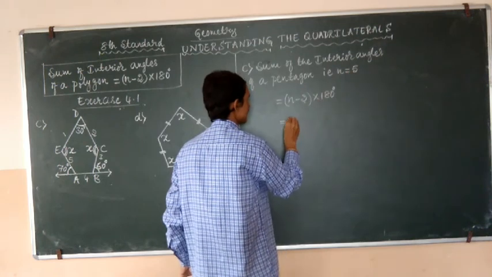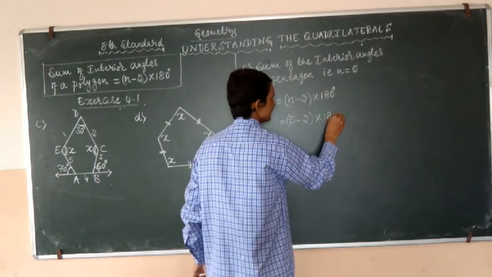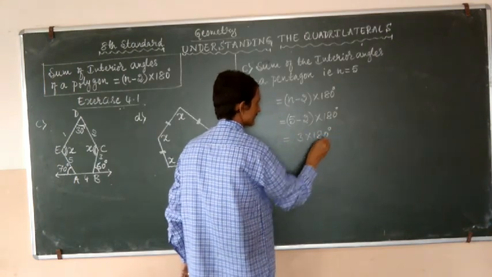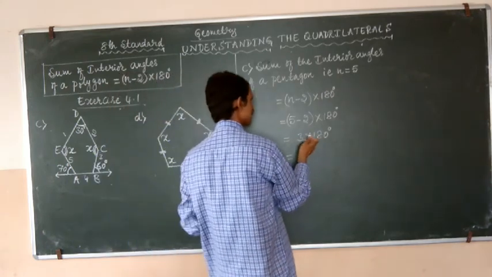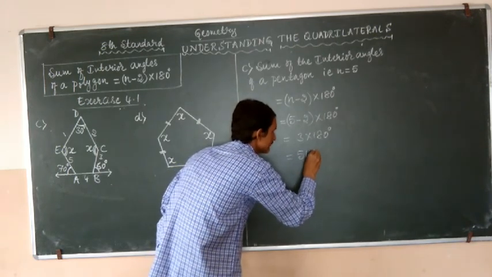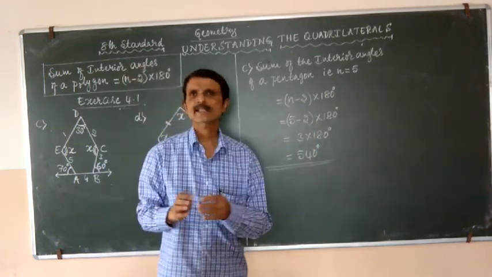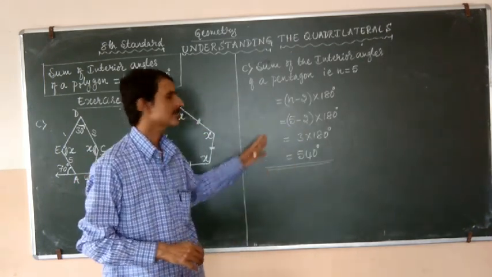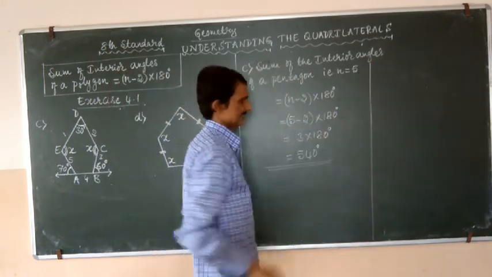In place of n, we write 5 minus 2, into 180 degrees, so it becomes 3 into 180 degrees. If you multiply 180 into 3, 18 threes are 54, so 540 degrees. Therefore, the sum of the interior angles of the given pentagon is 540 degrees.